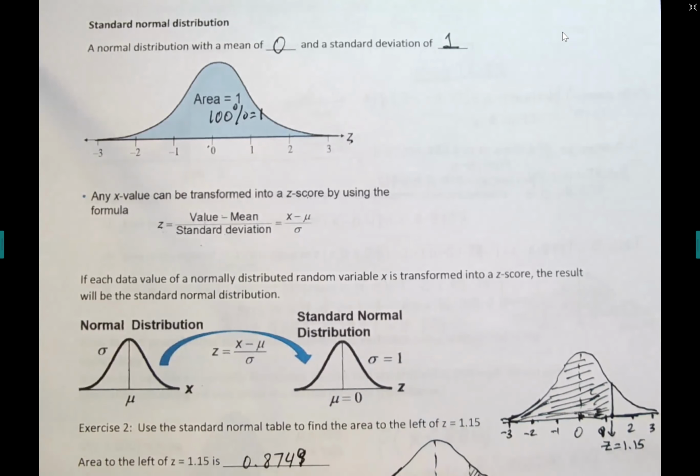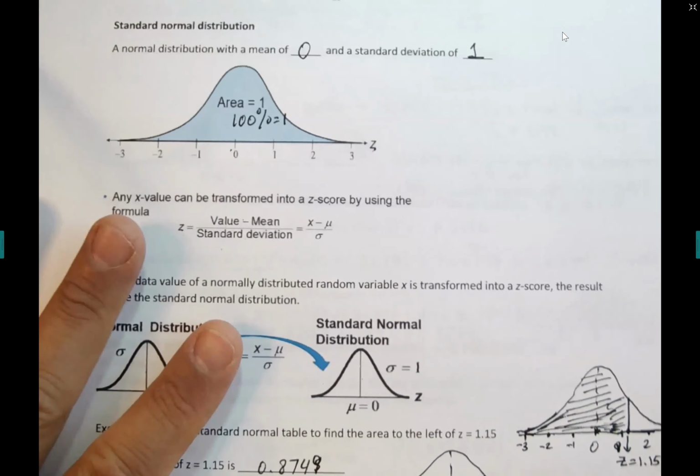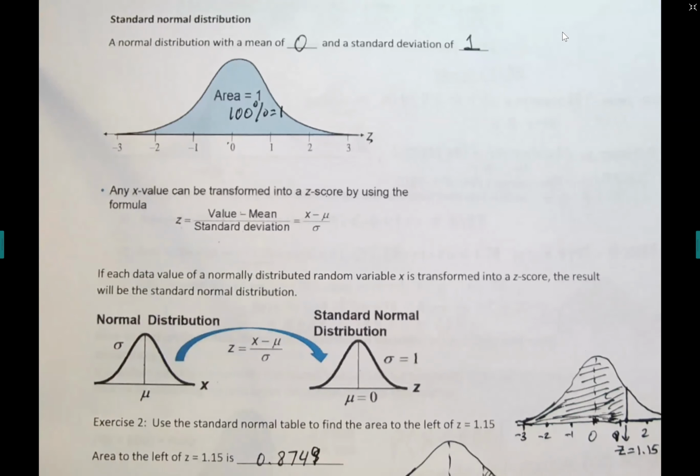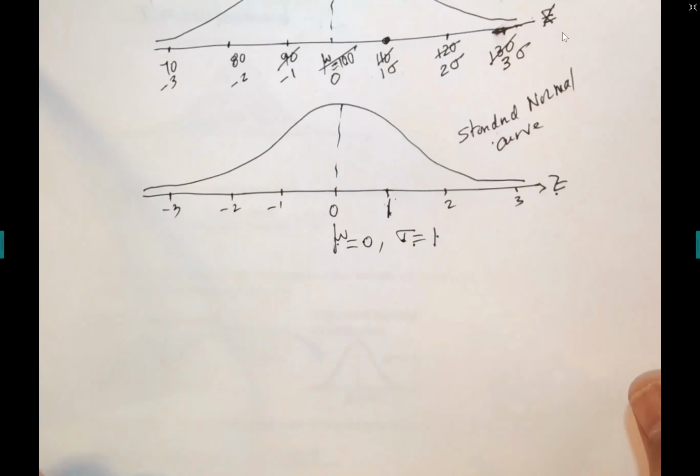Okay, now here is what we're gonna do, some new stuff. He's asking us to use a table, which I'm gonna show you in a second, to find the area to the left of Z equals 1.15. Let me sketch this one first and tell you what we're trying to do.